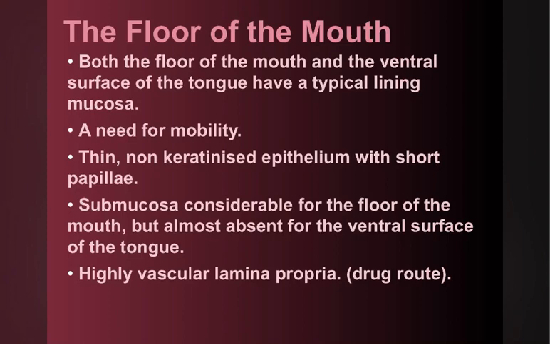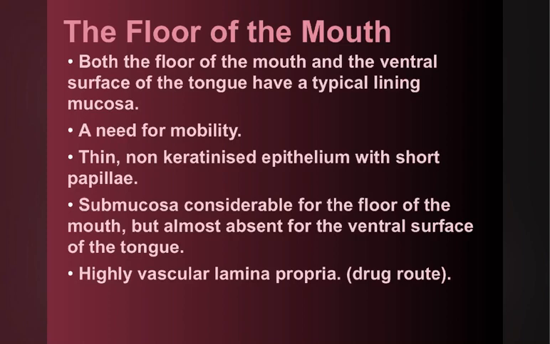There is a need for mobility here for the ventral surface of the tongue against the floor of the mouth, so mobility would be easier between two smooth surfaces, which means two non-keratinized epithelia against each other. The mobility would be easier.